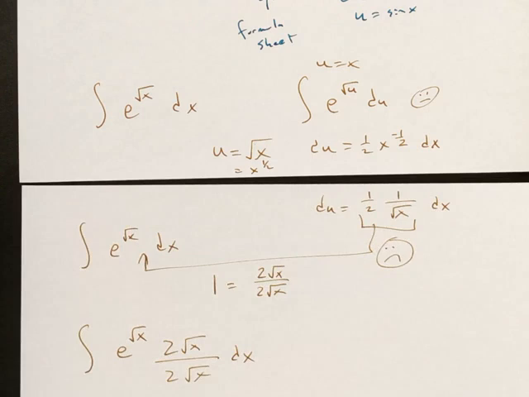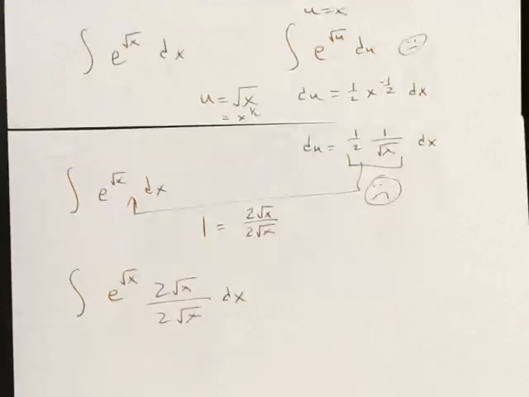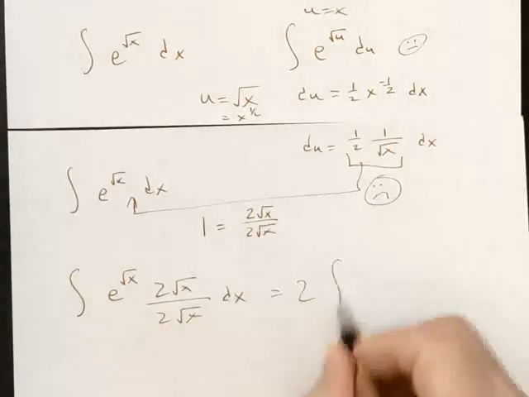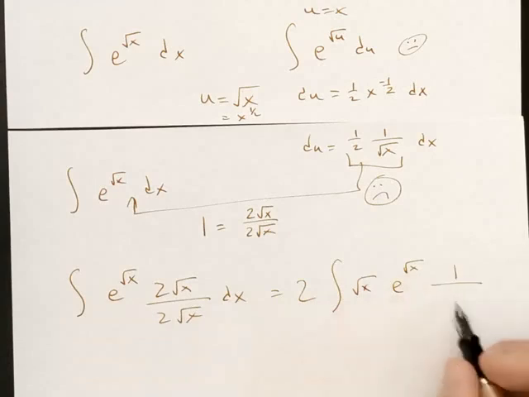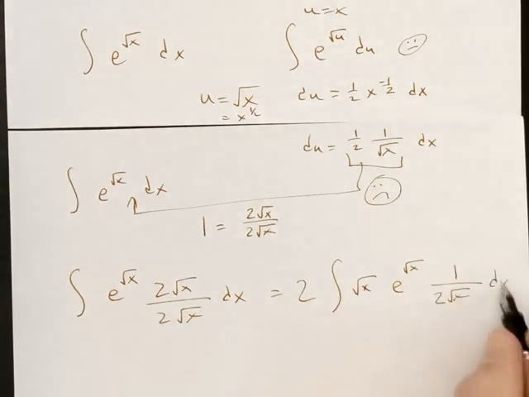If I take the 2 and the root x that's on top, and I put the 2 out front, and the root x at the front, then I have 1 over 2 root x dx.